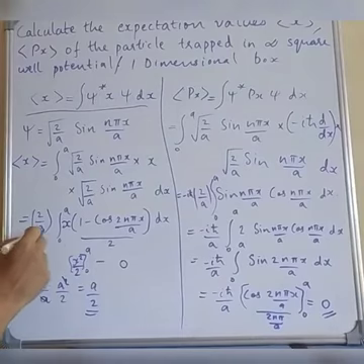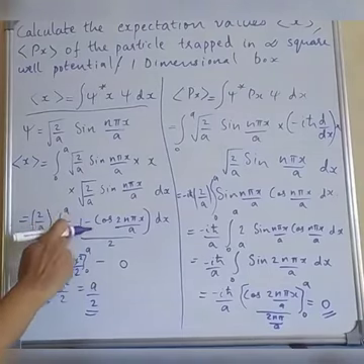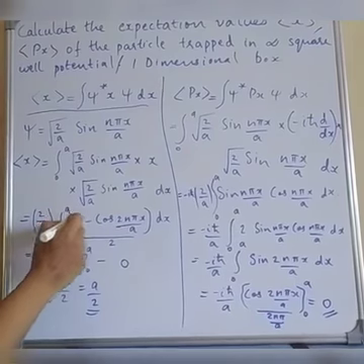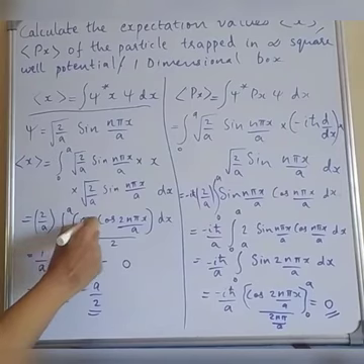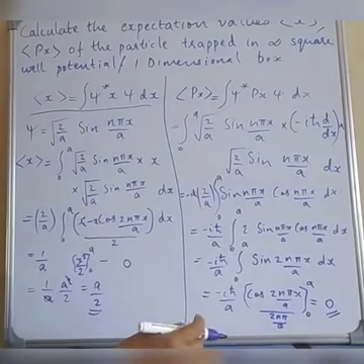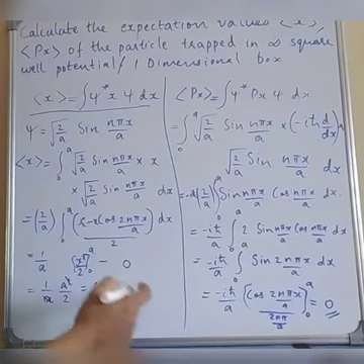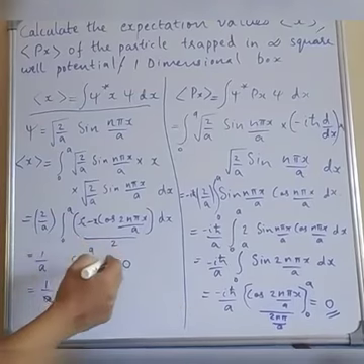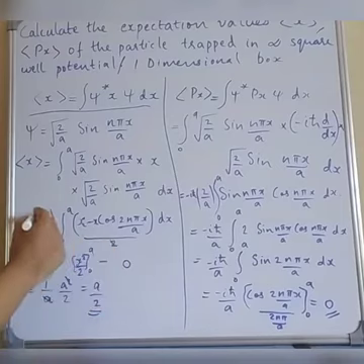The constant 2 by A is taken outside. Now, we have two terms: x minus x cos 2 n pi x by A, into dx. So, the 2 will be cancelled from here.